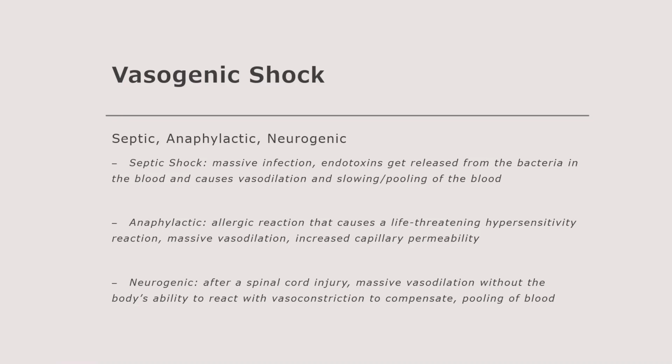So for instance, if I had a spinal cord injury at T12, everything from my thoracic T12 area up would be nice and perfused and pink and doing all the things. But from the level of T1 down into the lumbar and sacral regions, anything below that area would be pale, poor perfusion. So that's neurogenic shock.